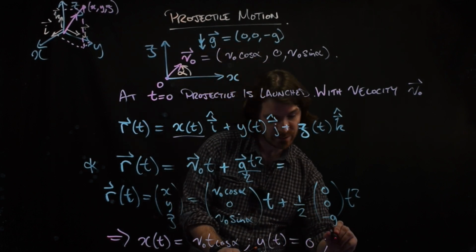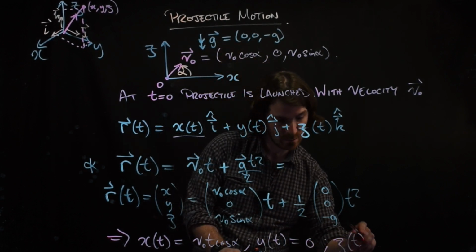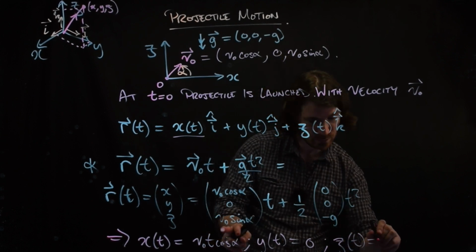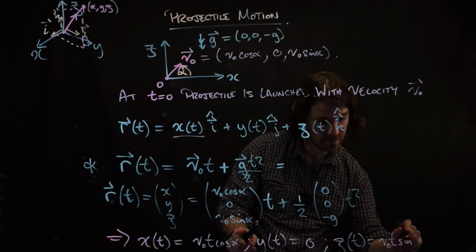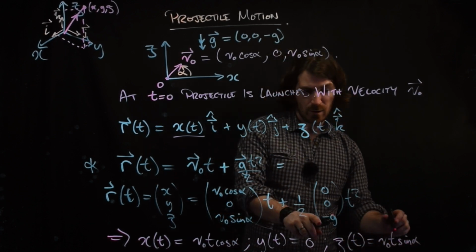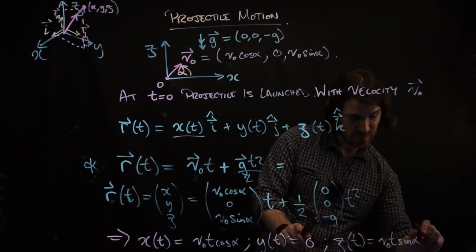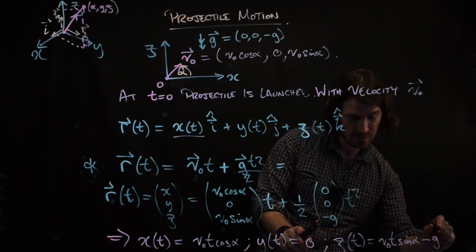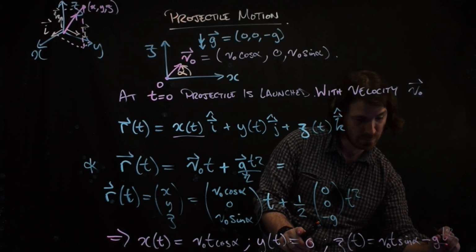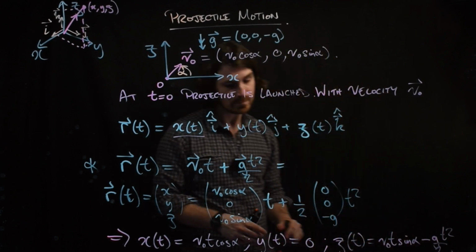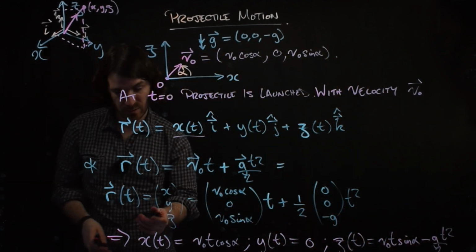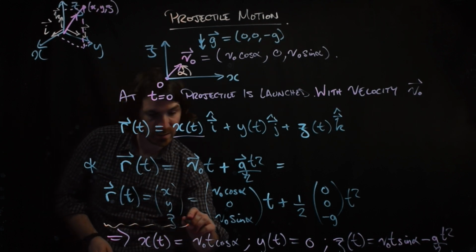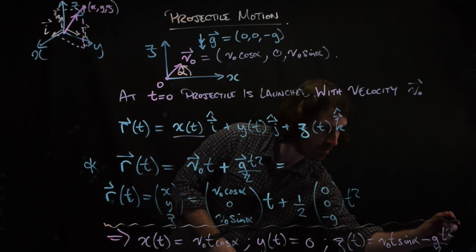And our z of t equals v0 t sine of the angle, and now we've got a minus, so minus g t squared over 2. So that's it. These equations parameterize our projectile.